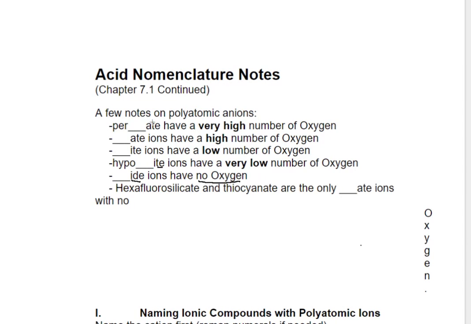Okay, so let's use chlorate for our example. Chlorate is ClO3 minus. So perchlorate is even one more than that, meaning one more oxygen, ClO4 minus.